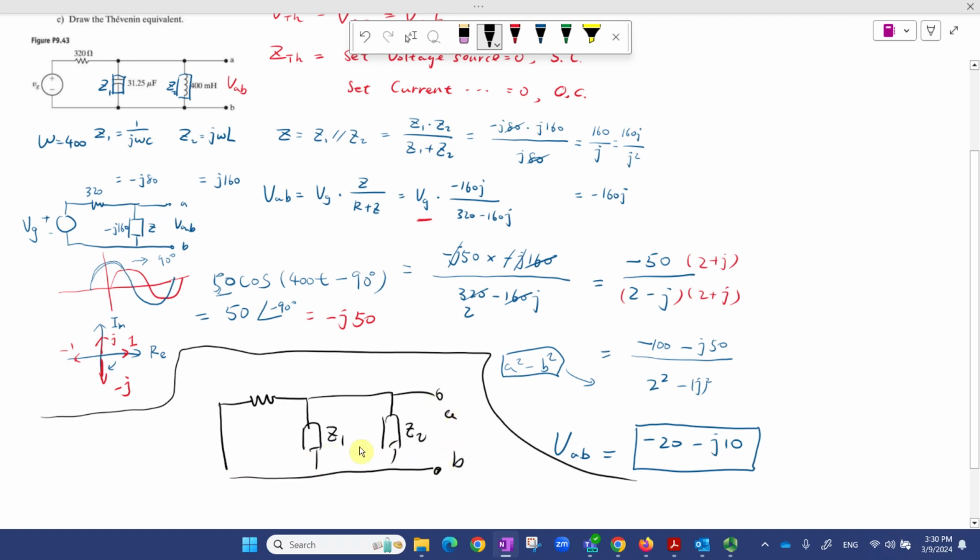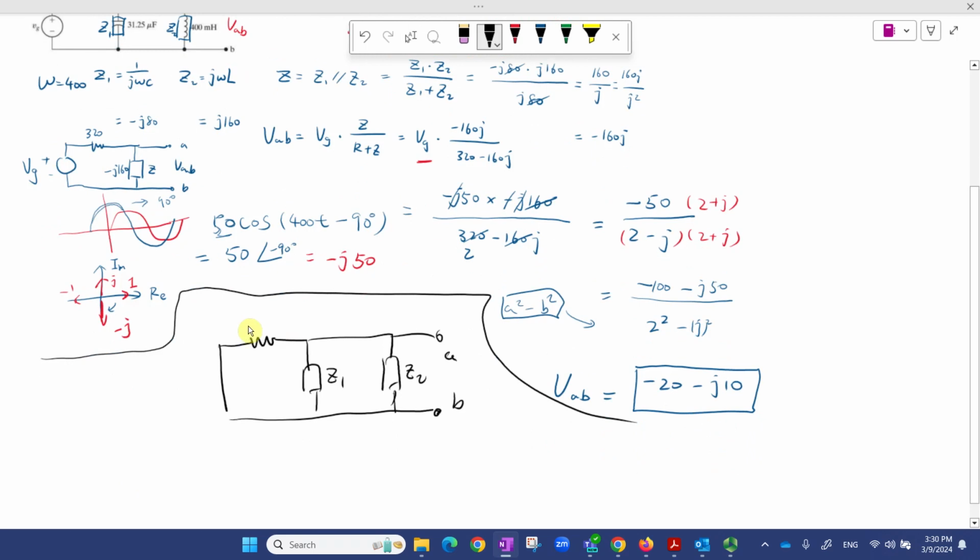Okay, so the total impedance of this circuit is going to be the ZTH. We know this is 320. We know this one is negative j80. This is positive j160. So ZTH equals 320 in parallel with Z1 in parallel with Z2.